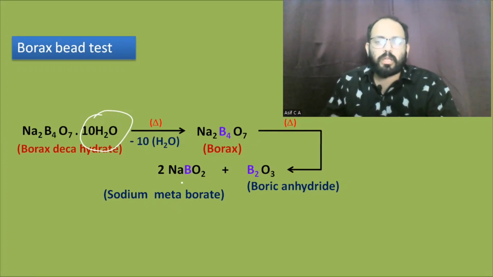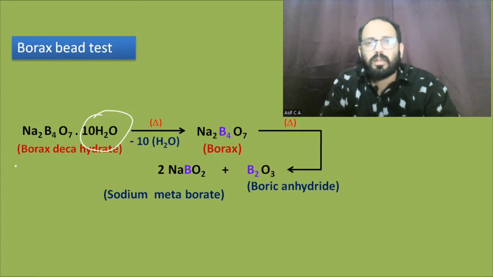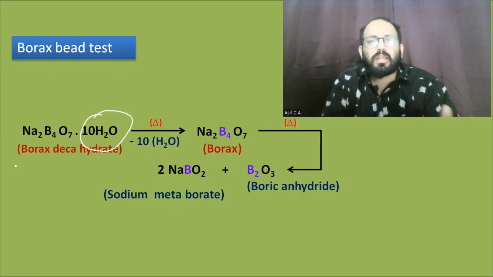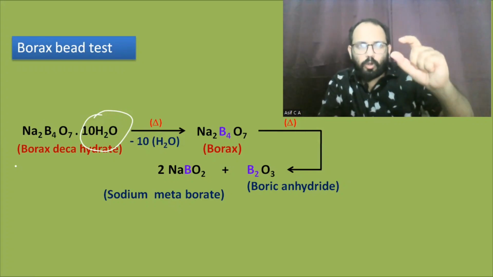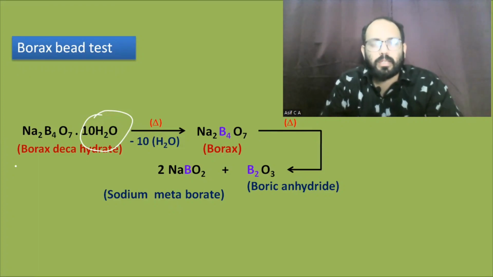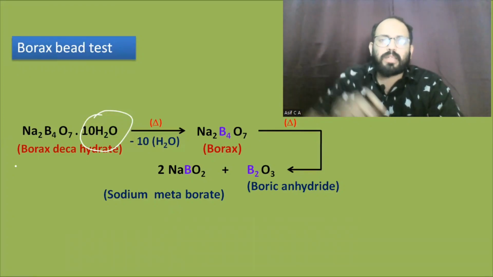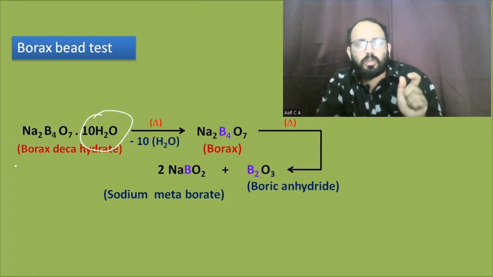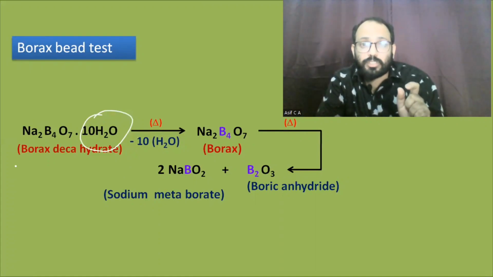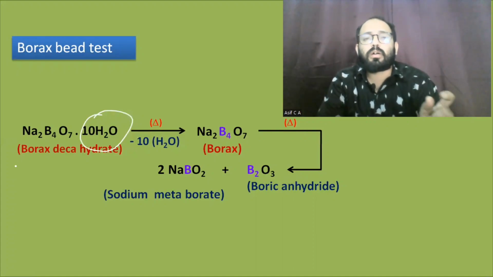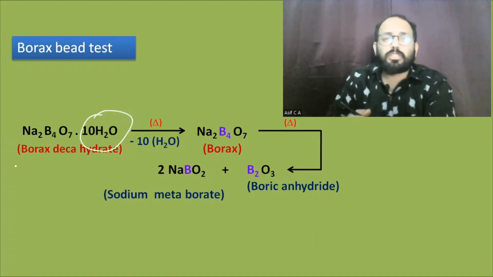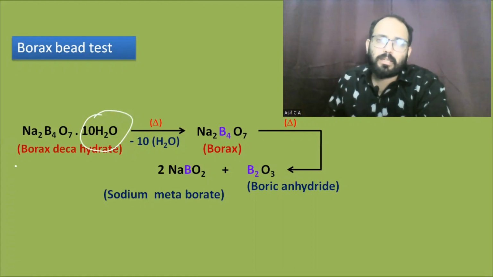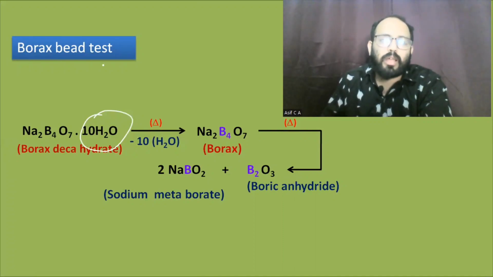This sodium metaborate forms metaborates with transition metals, and each transition metal has a different color. If the color is blue, then we can identify it as cobalt; if brown, that might be nickel. So each transition metal's metaborate has a characteristic color. Using that, we can identify which transition metal has been used. That is what we call the borax bead test.